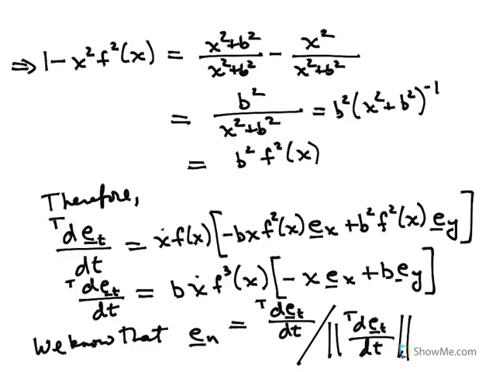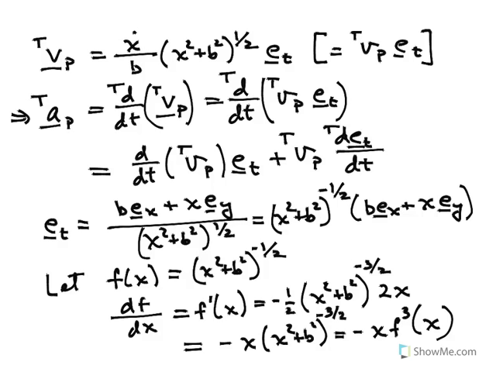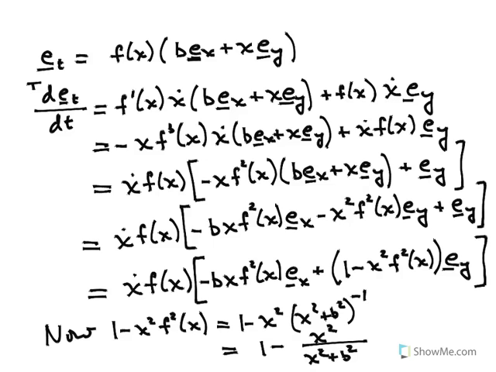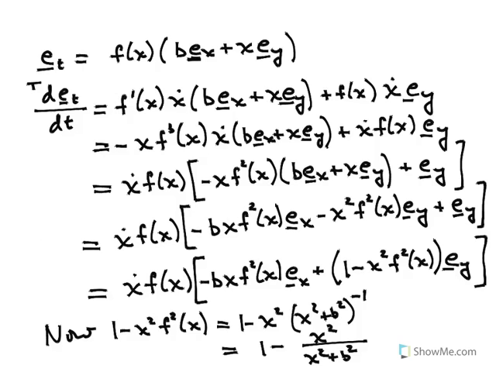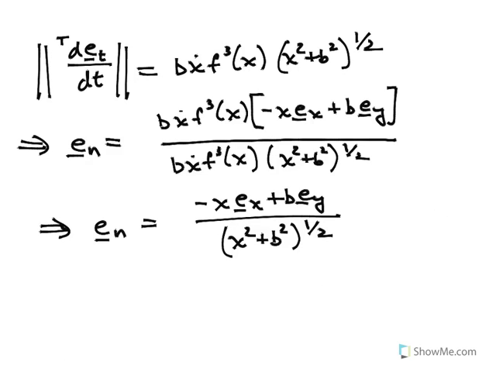And if you go back and look now at the tangent vector, you'll see that the tangent vector is, if I look back at what f of x is, it's x squared plus b squared to the minus 1/2. So what I wind up with is the tangent vector, and I can recall the tangent vector.